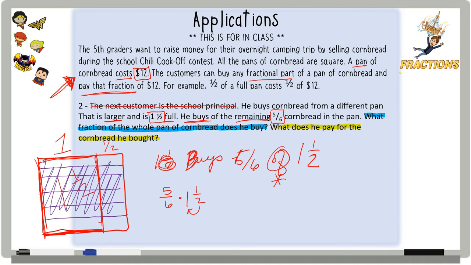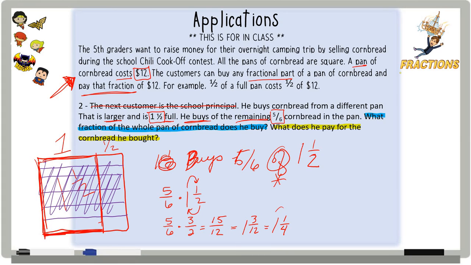We have to remember to change this mixed number into an improper fraction so we can multiply. Okay, we have one group of 2, which is 2, plus 1 is 3. Now I can go ahead and multiply straight across, and I get 15/12, which I know I can't leave that way. I get 1 3/12, which if I simplify gives me 1 1/4. So the principal bought 1 1/4 pans of cornbread.